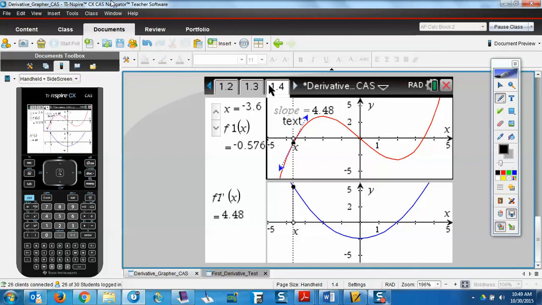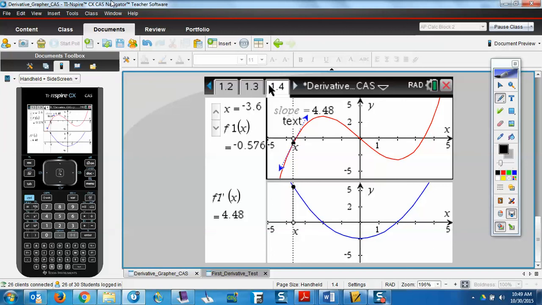Does that correlate to anything on the red graph? That means the slope of the red graph is positive, which to us means what's happening if slope is positive? Increasing. Going up is increasing. Okay, so let's say it again. F prime is positive, means f is increasing.